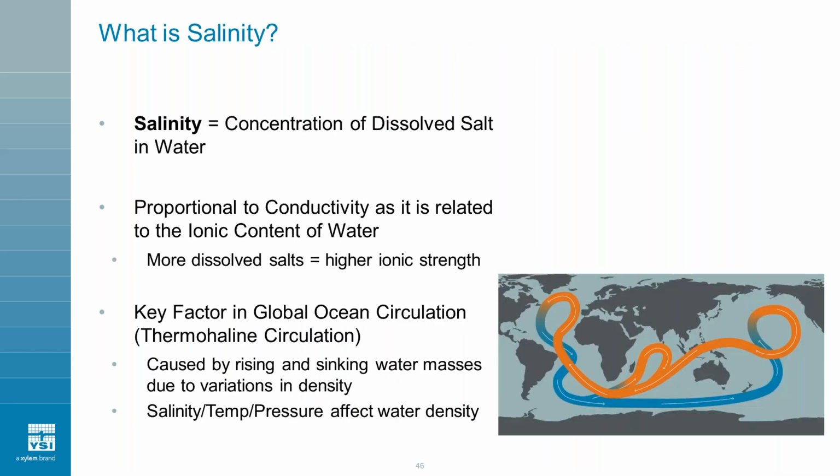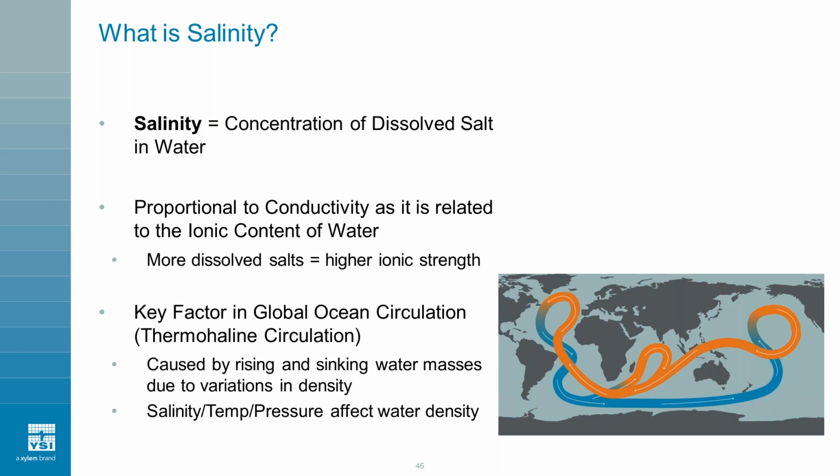Okay. And let's move on to salinity. This is the most popular parameter in our poll question. Salinity is the amount of salt dissolved in the water. This value is proportional to conductivity as it directly relates to the ionic content of the water. More dissolved salts means higher ionic strength.